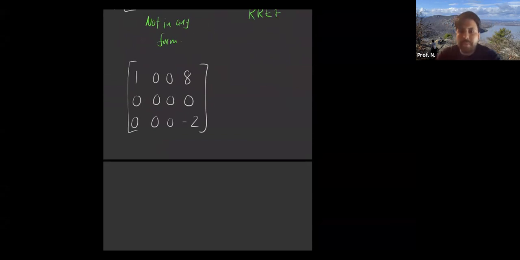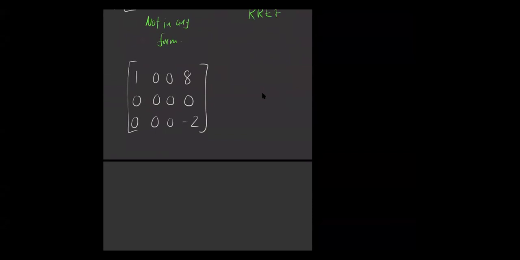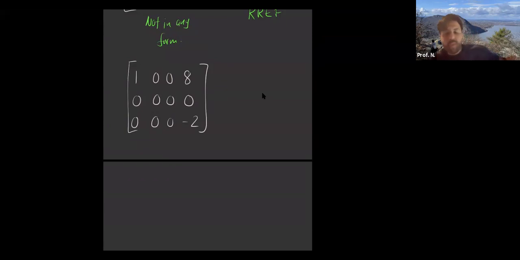Matrix is in what form? Reduced row echelon form. No, because not all the non-zero rows are above. First of all, that row of zeros in any echelon form would always have to be at the bottom. So this is not in any form.